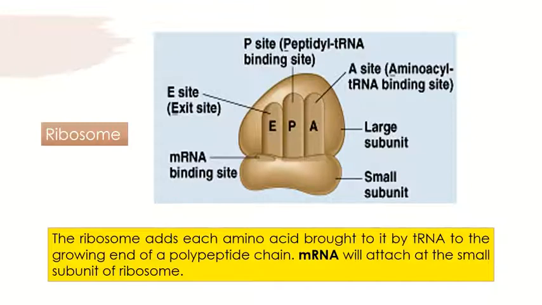When they combine together, they form a ribosome. At the large subunit of the ribosome, we have three sites: the E site or the exit site, the P site or the peptidyl tRNA binding site, and the A site or the aminoacyl tRNA binding site. And at the small subunit, we have the mRNA binding site.